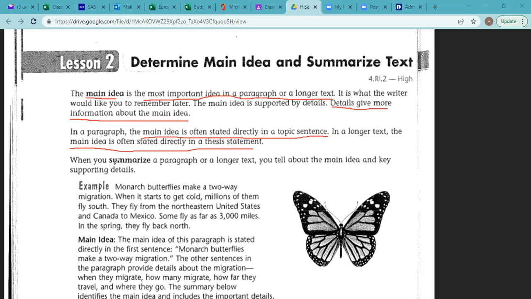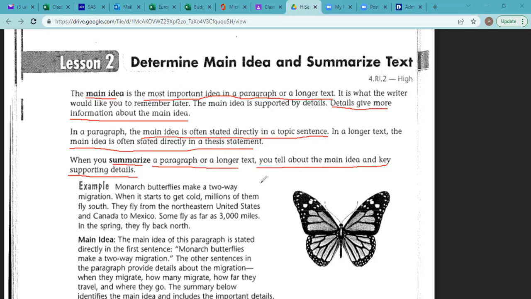Now, when you summarize a paragraph or a longer text, you tell about the main idea and key supporting details. Now, I want to say that your summarizing or your summary, remember, it is in your own words. It's important that they did not mention that in here. It is always in your own words.